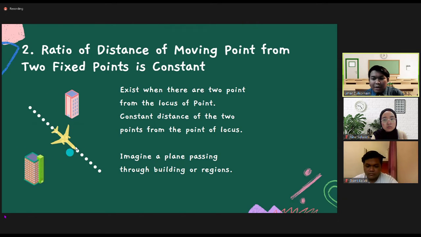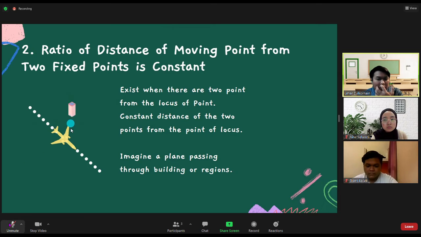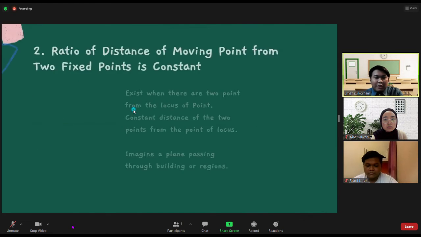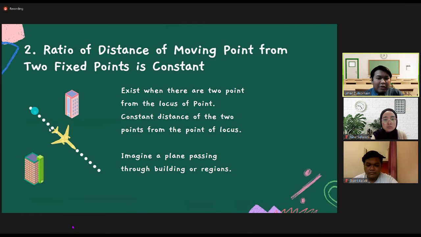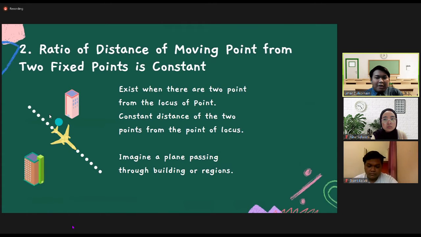This equation of locus is very similar to the concept used by the aeroplane in passing above the cities.